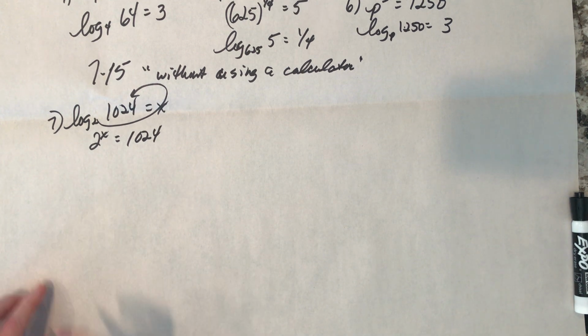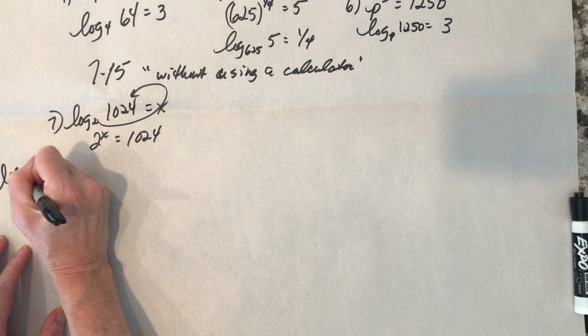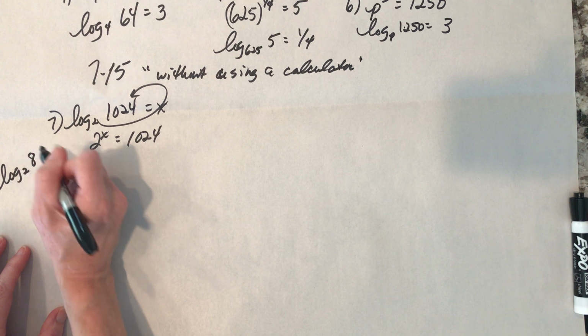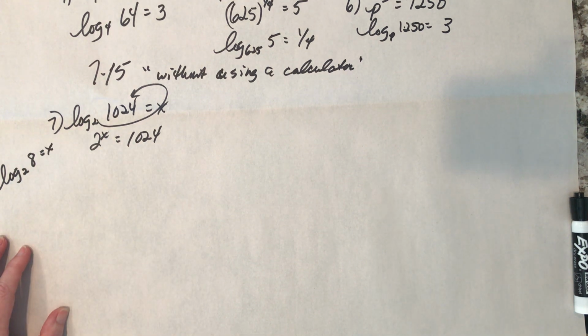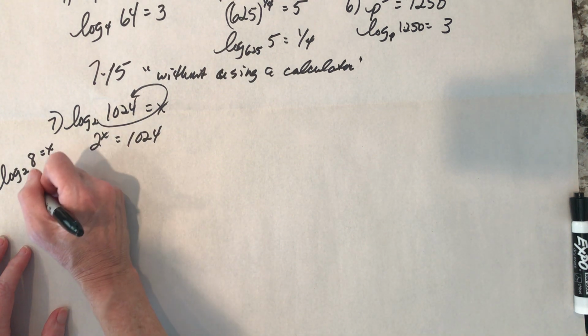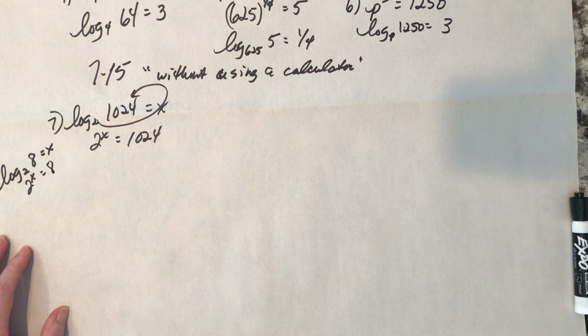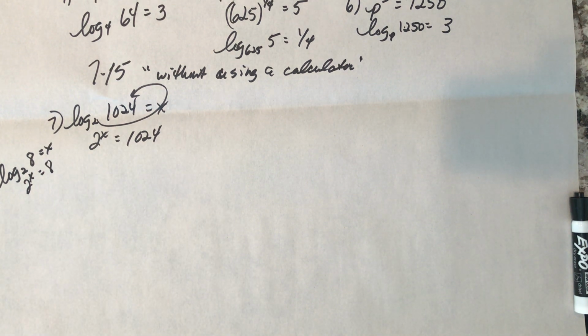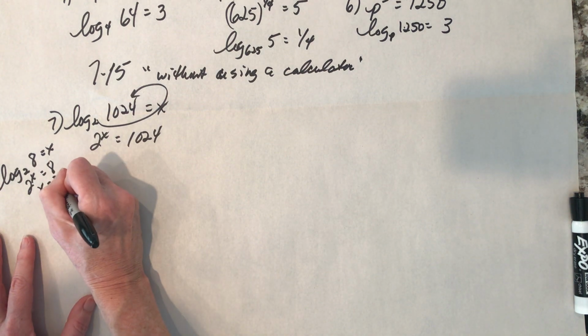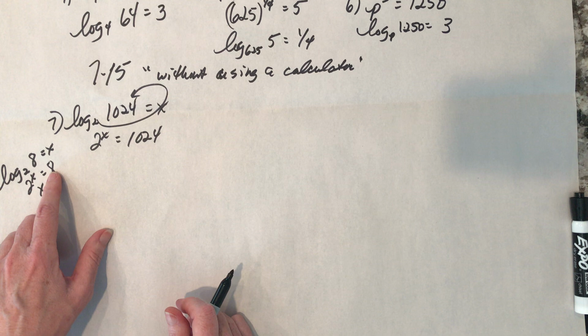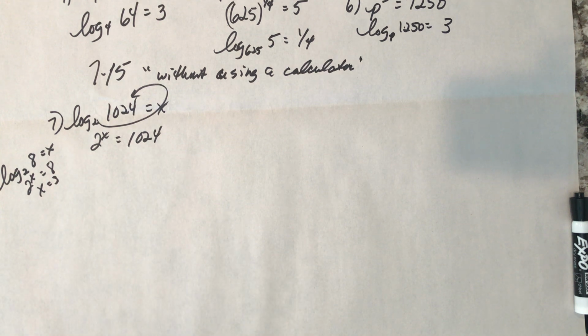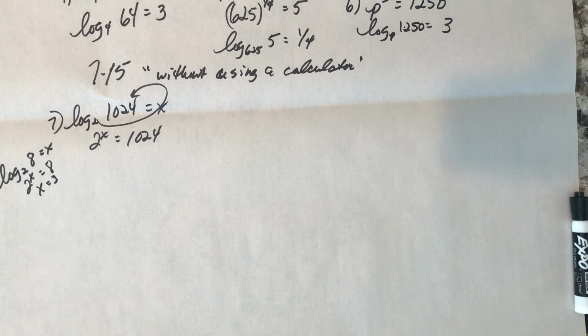For instance, if the problem had been log base 2 of 8, you'd put an equals x. You could say 2 to the x equals 8. And you probably could figure out that 2, 4, 8, 2 to the third power, so x equals 3. But they're asking you to get to 1024, and that's quite a jump. That's not something that I would expect you to know right offhand.